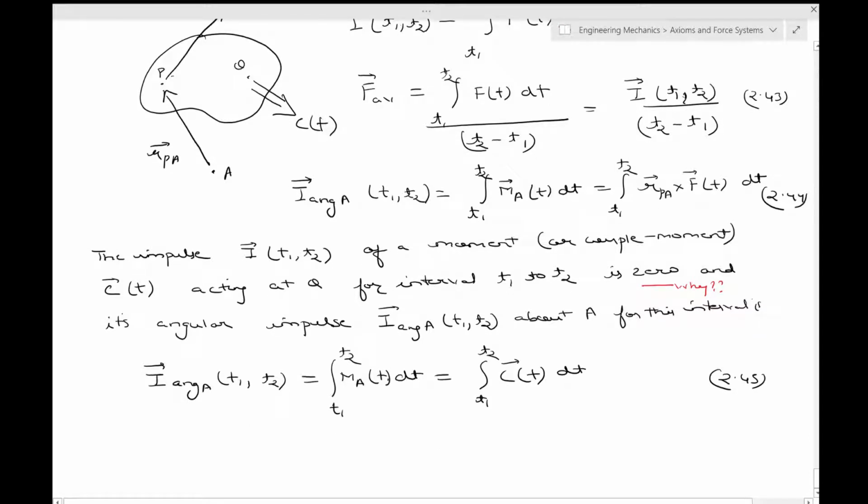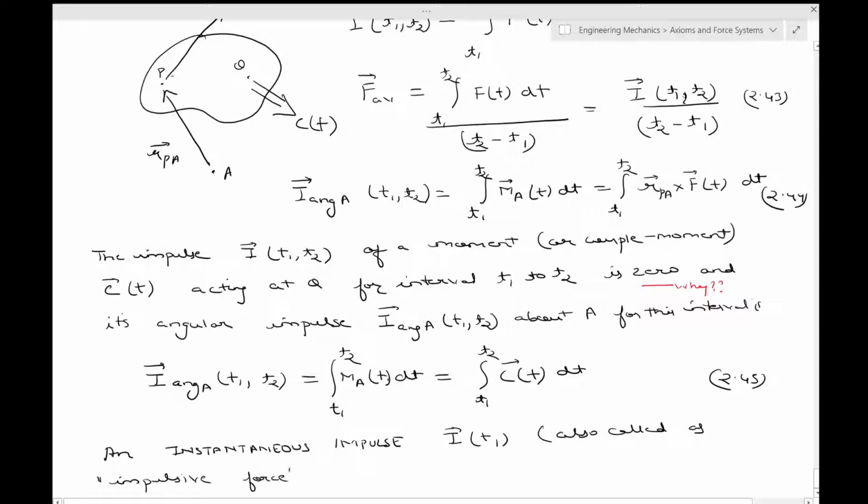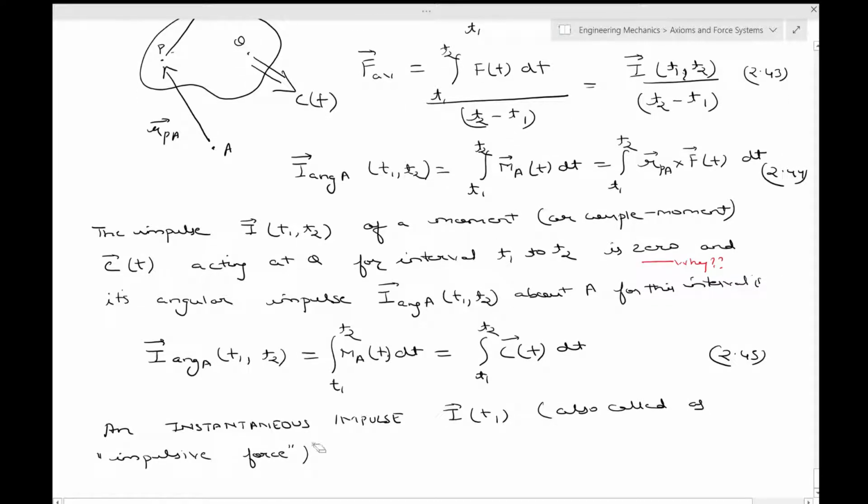Now we have another definition, the so-called instantaneous impulse. An instantaneous impulse I of t1, also called an impulsive force, it is called an impulsive force, but it has dimensions of impulse.